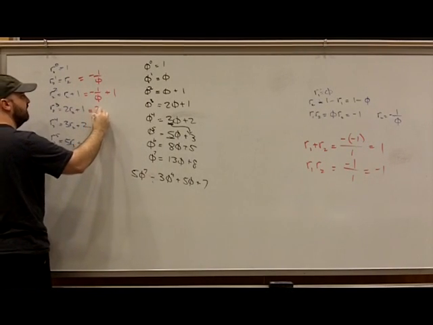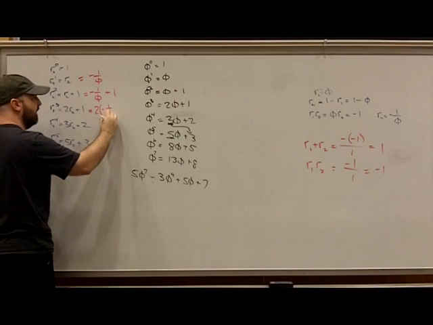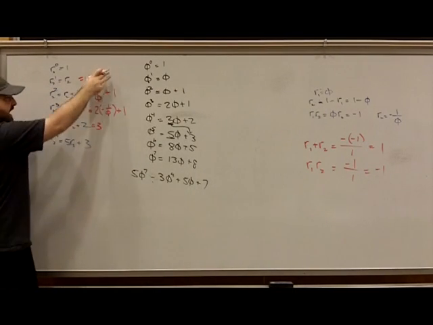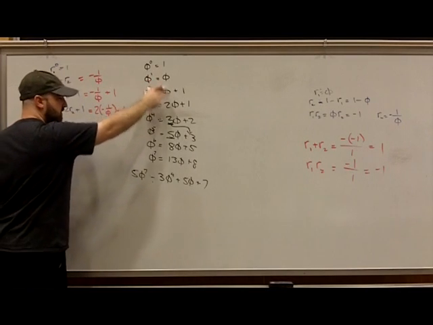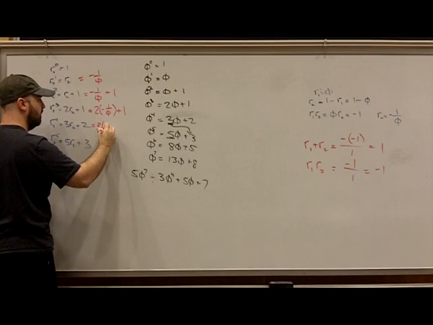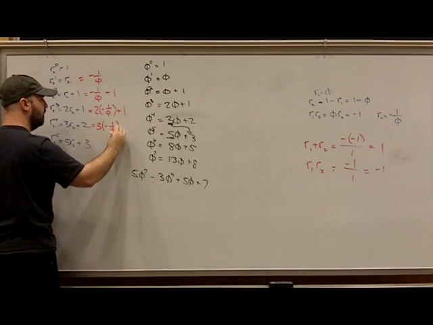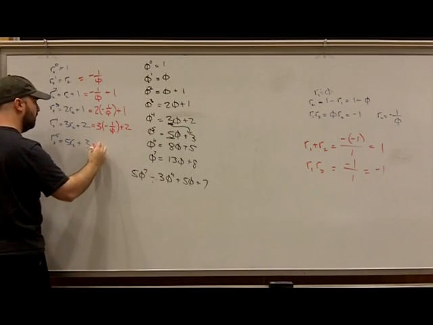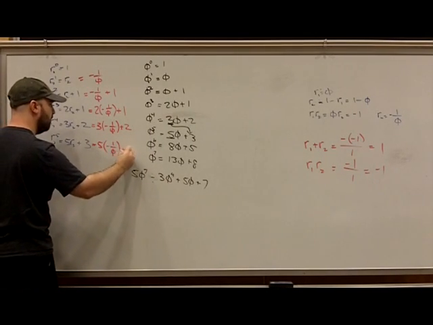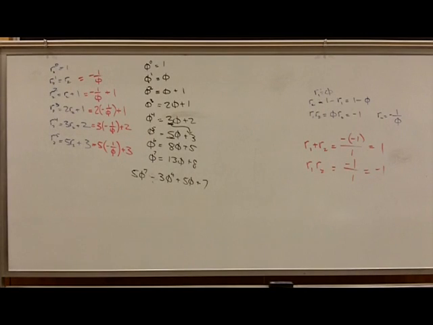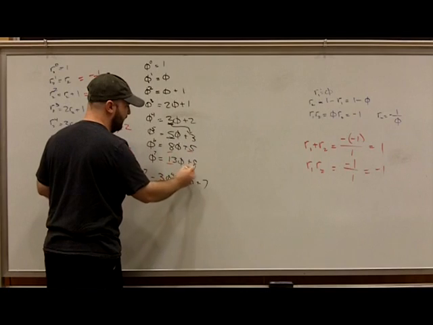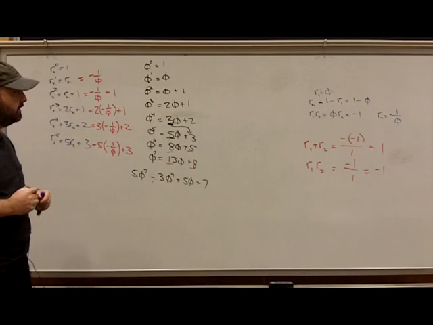Now, at first, this doesn't look all that nice. But at the very least, I have an equation that's more like these equations. Now, as we mentioned before, all these coefficients, 8, 5, 13, 8, are Fibonacci numbers.